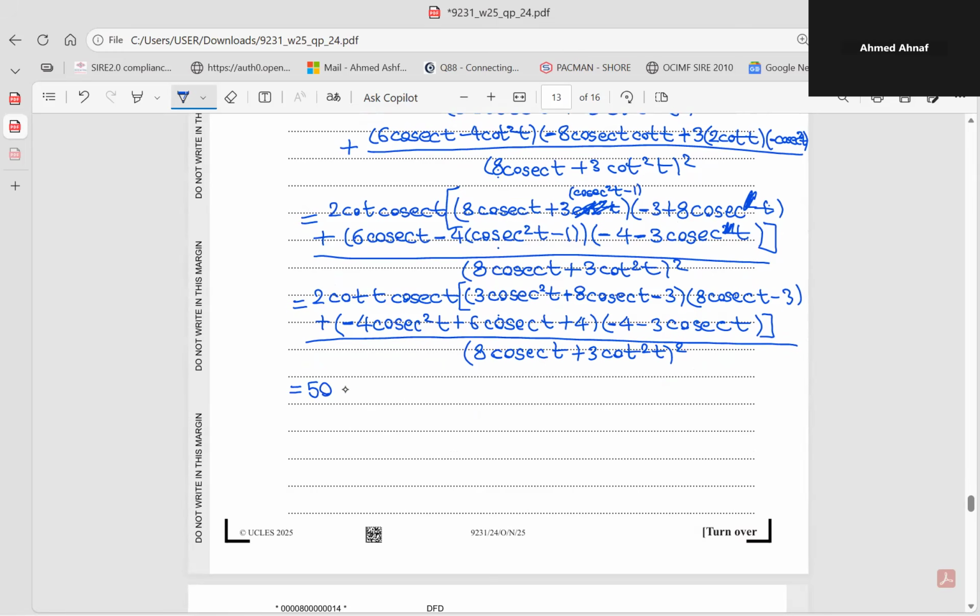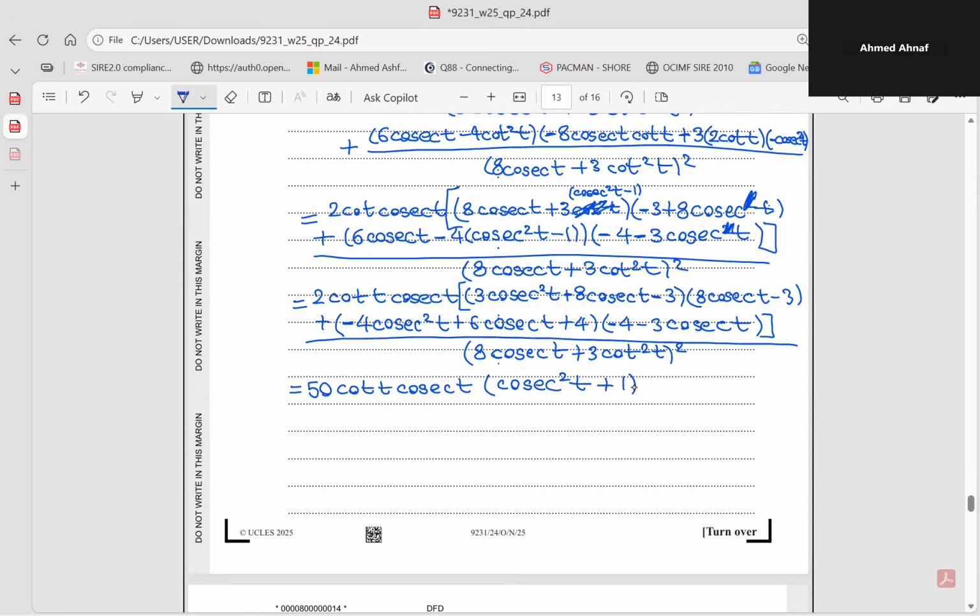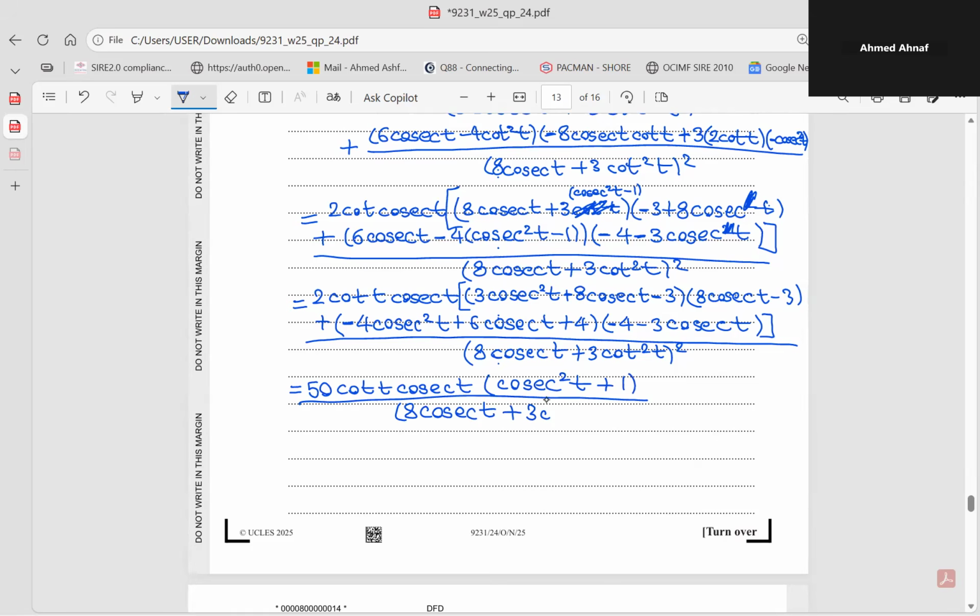50 cotangent t cosecant t times (cosecant squared t plus 1) over (8 cosecant t plus 3 cotangent squared t) squared.